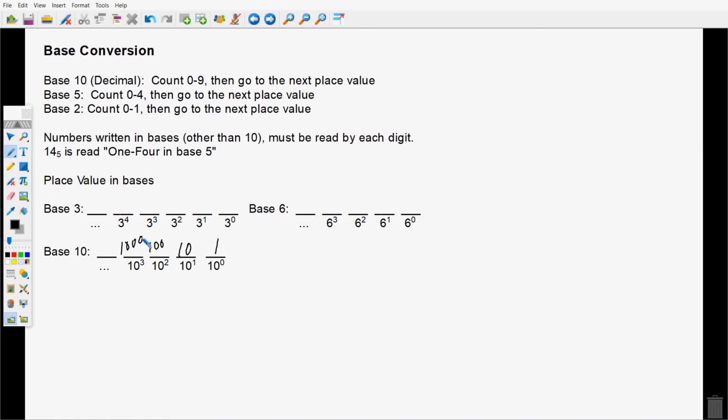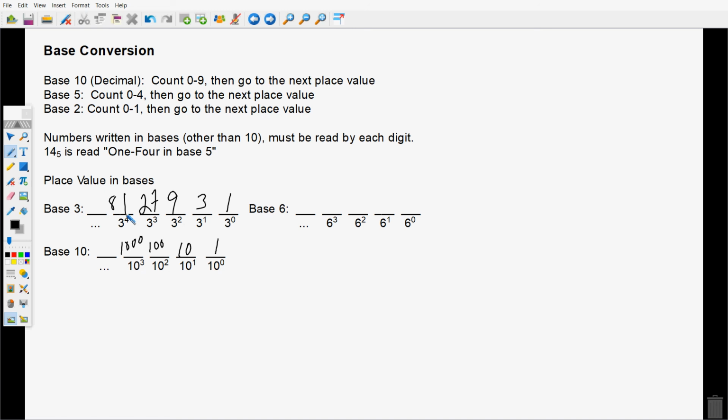Now for something like base 3, 3 to the 0 power is still 1. 3 to the first would be 3. What this represents is that base 3 has a 1's place, then a 3's place. After that, 3 squared is 9, so it has a 9's place, a 27's place, and then an 81's place, and it'll keep going on and on.